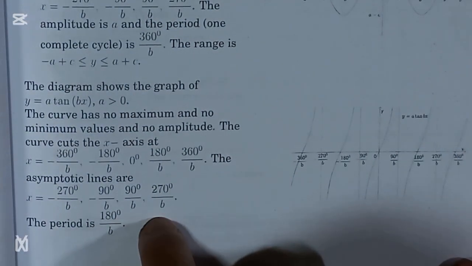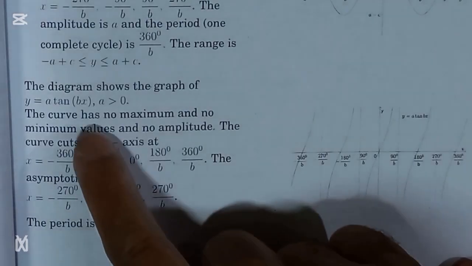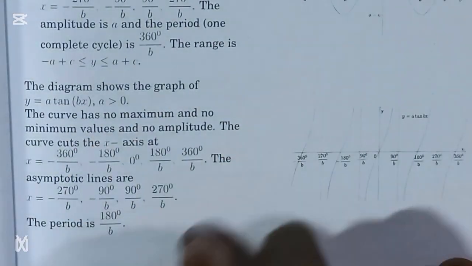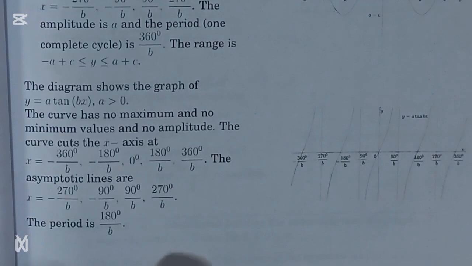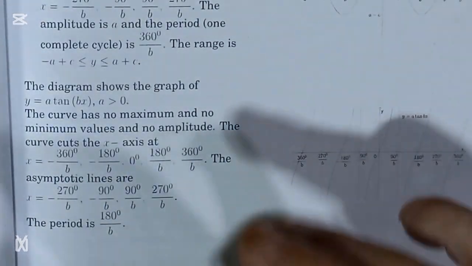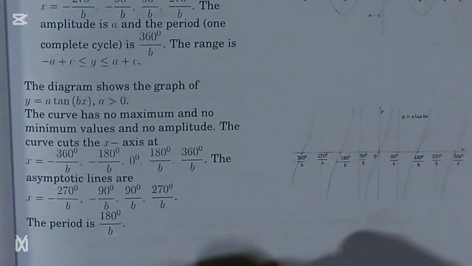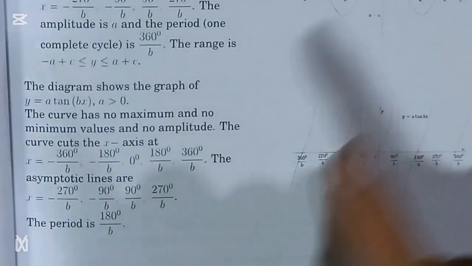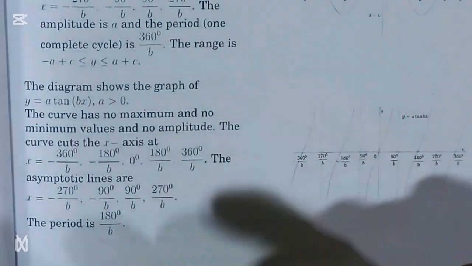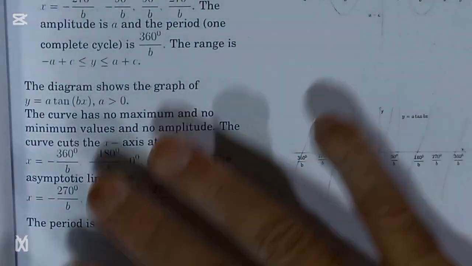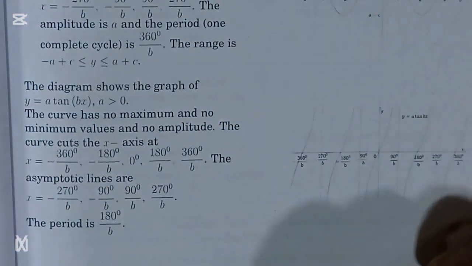So the difference in this graph will be to divide 180 by b. So look now, the same concepts will be used. First, remember, learn and understand the concepts of y = sin x, y = cos x and y = tan x graphs. Then these things will be much easier for you.